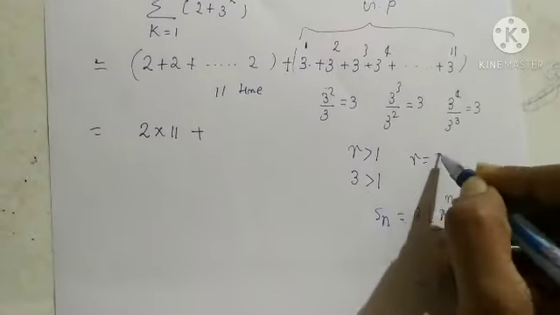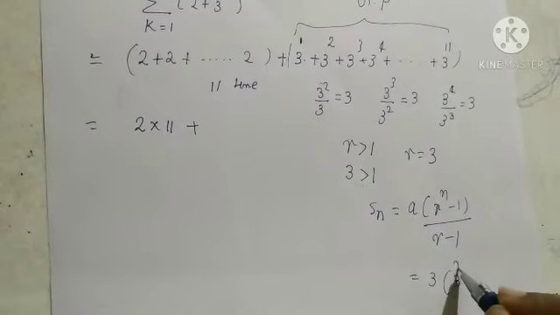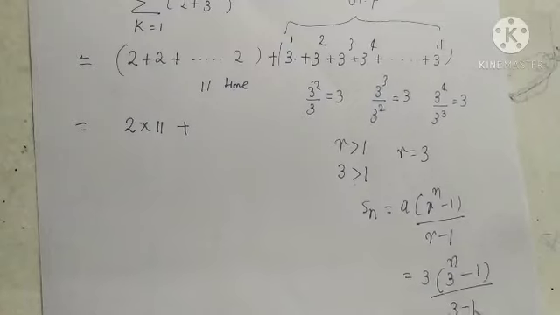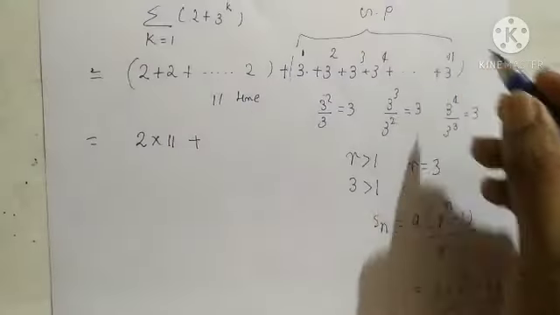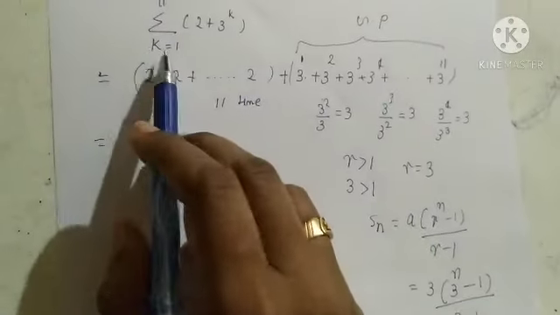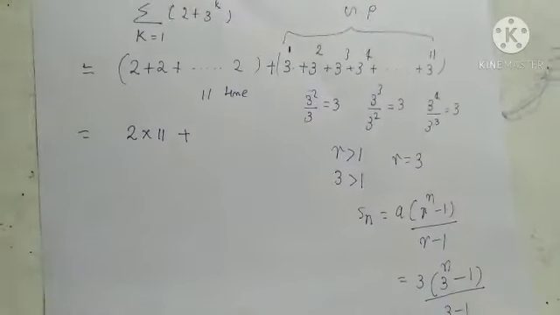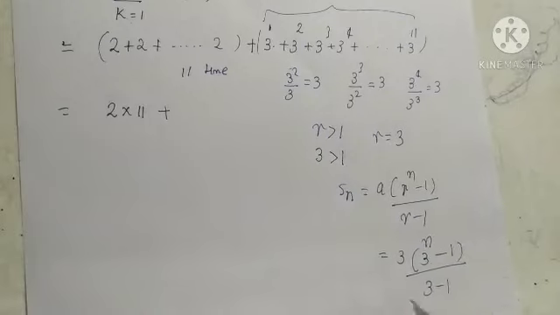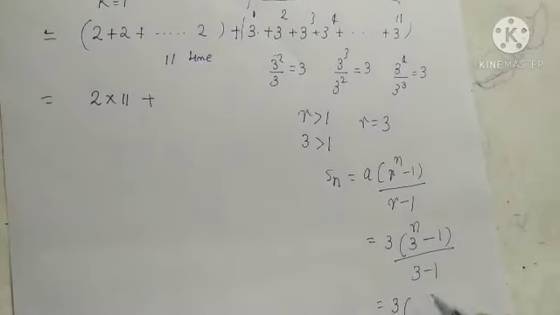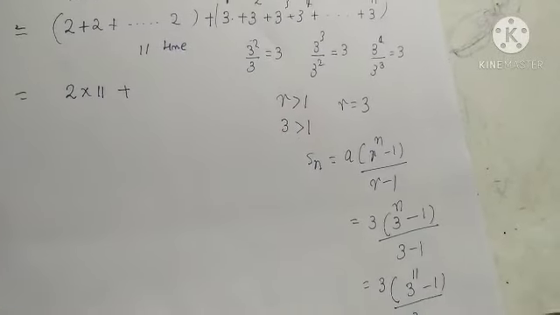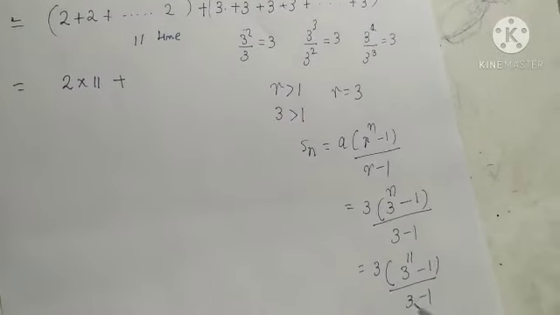So r raised to n minus 1 divided by 3 minus 1. Here n is 11 because n changes from 1 to 11, meaning the total number of terms is 11. So next I am replacing n by 11 here, and we get this value.